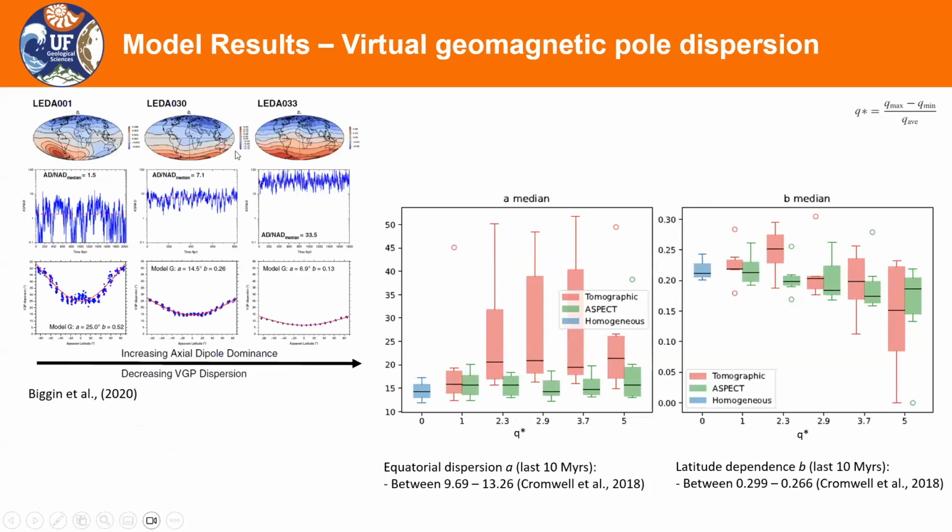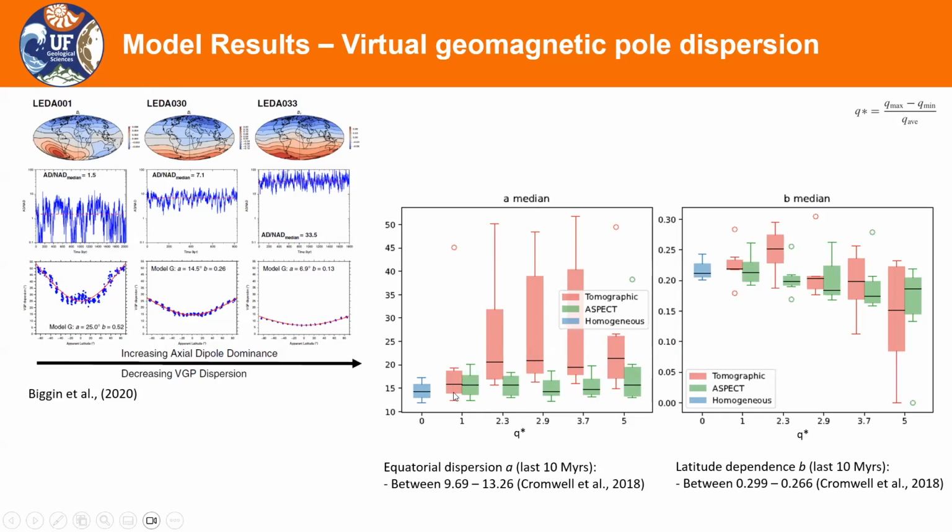So the way it works is we can take a geodynamo model and treat it like a paleomagnetic data set. And when we do that, we can define these model G parameters. And you can see here the increasing axial dipole dominance in these three models. You can see the decreasing values of model G A and how these relate to the ratio of axial dipole to non-axial dipole power.